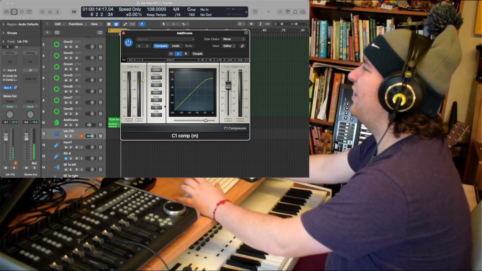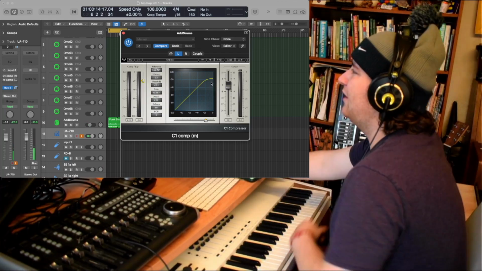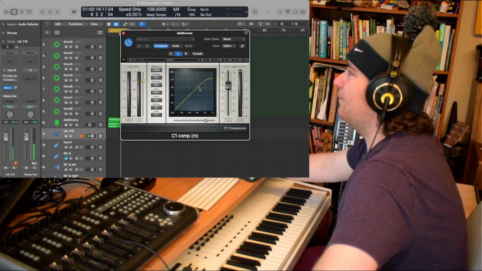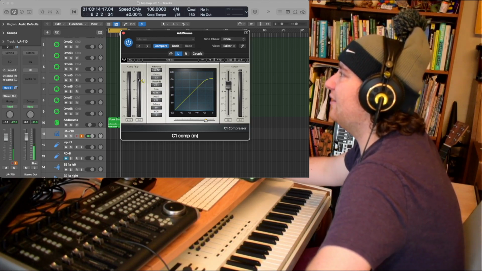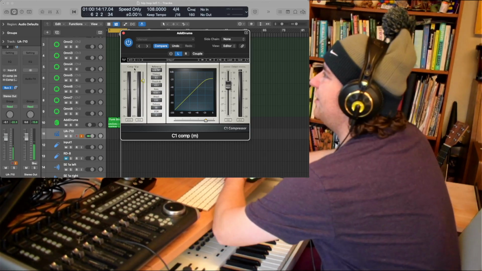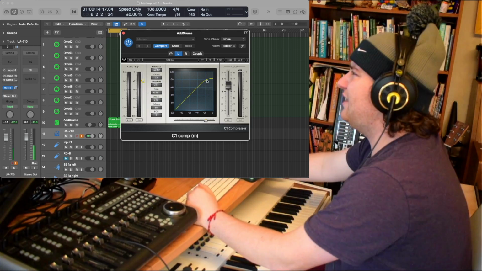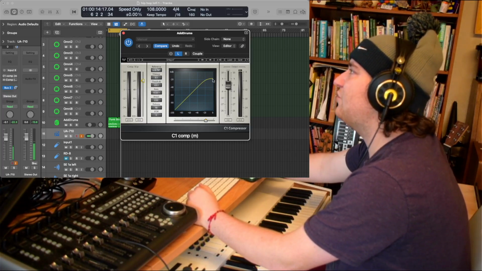Now, before we move on here, I just wanted to point something out. If you see the graph as this is playing, you'll notice that the white squares that are coming up, that's the peak. That's emulating this meter right here. It's emulating the same thing. So you can see that once those white peaks hit this curve, that's when it starts to affect.